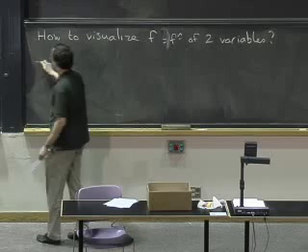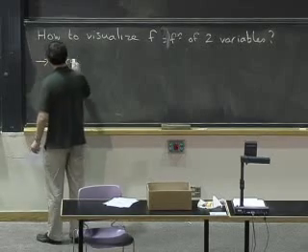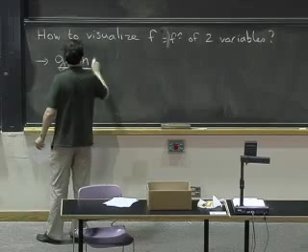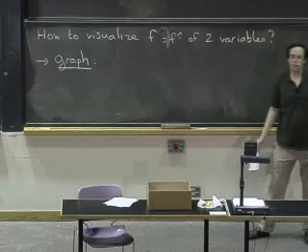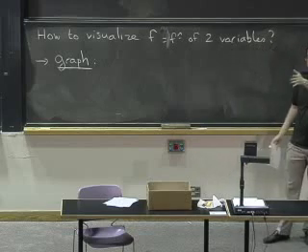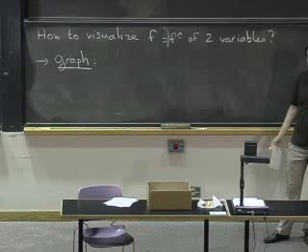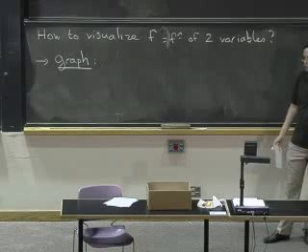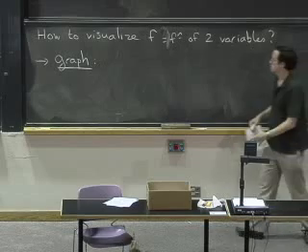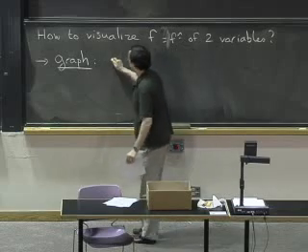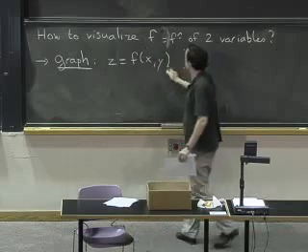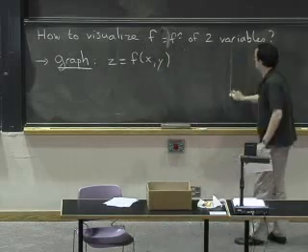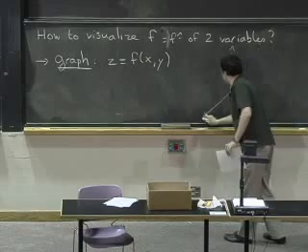So the first answer will be we can try to look at its graph. And the idea is the same as with one variable. Namely, we look at all the possible values of the parameters x and y. And for each of them, we plot a point whose height is the value of the function at these parameters. So we'll plot, let's say, z equals f of x y. And now that will become actually a surface in space.